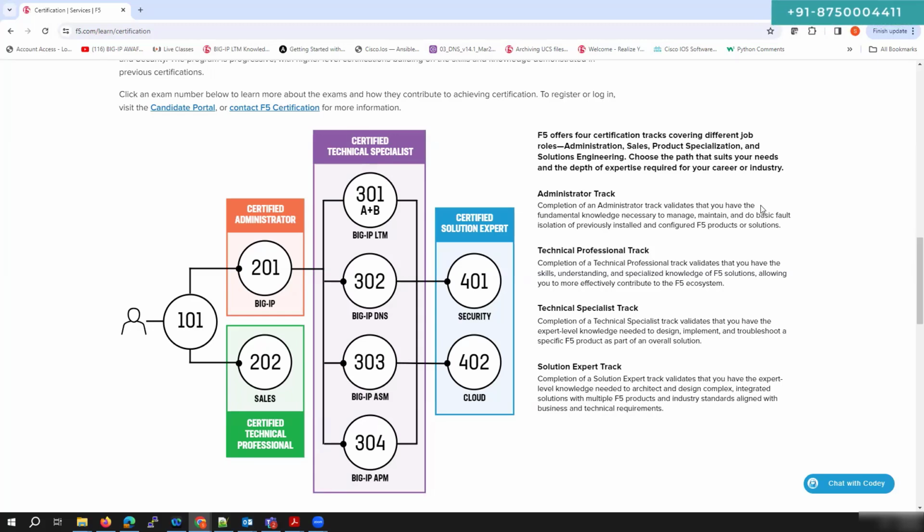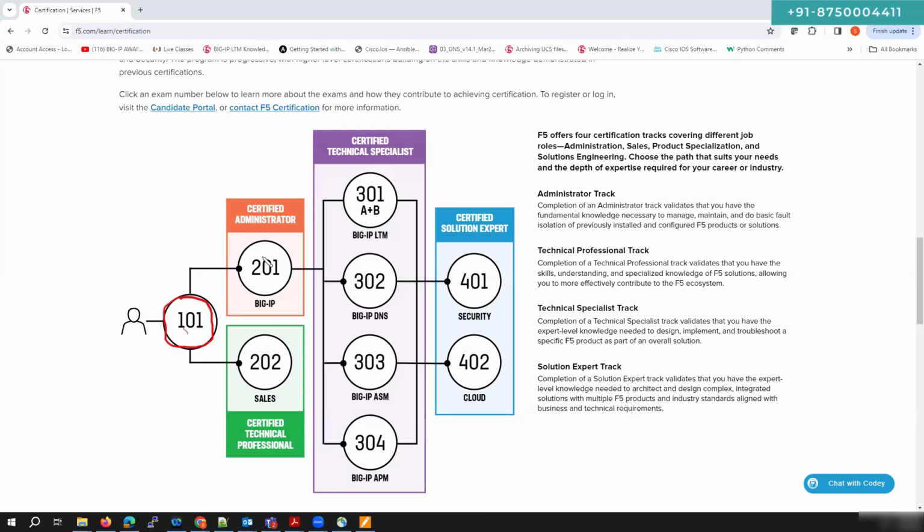Now, if you look at this certification track, you would find that they start with the 101 exam. This is the very first exam, and it is an essential exam before you take on 201 or maybe 202, whichever you are planning to take.